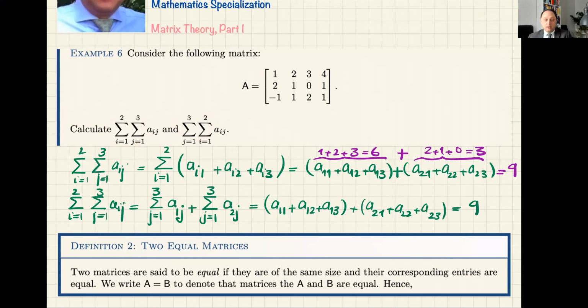Okay, now the next definition should be very expectable for you. You should expect that this definition should come, because whenever I am introducing an object in mathematics, first I want to say when these two objects are the same. And of course, usually the most natural intuition is the correct one. So I give you two blocks of numbers, two rectangular arrays of numbers.